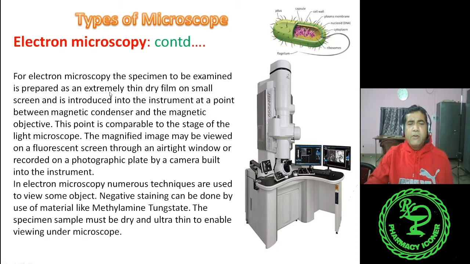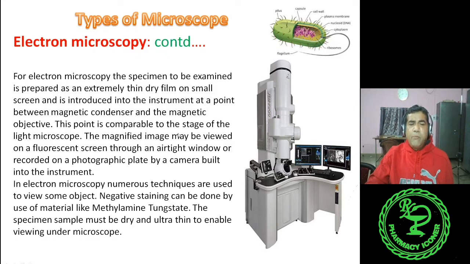For electron microscopy, the specimen to be examined is prepared as an extremely thin dry film on a small screen and is introduced into the instrument at a point between the magnetic condenser and the magnetic objective. Here we are using the term magnetic lens.